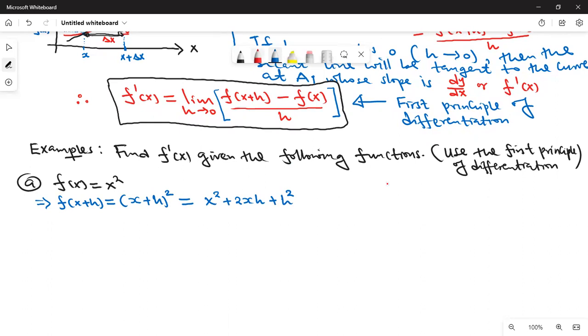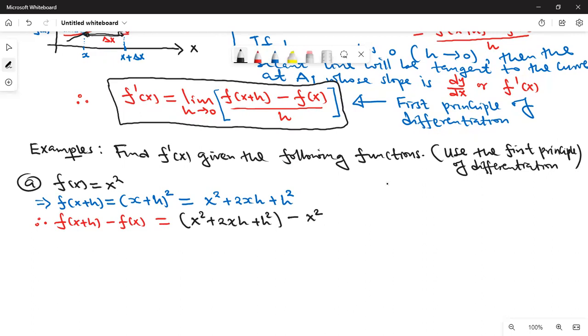Then now we need f of x plus h minus f of x. We subtract the two. What are we going to get? That will give us x squared plus 2xh plus h squared, subtract x squared.